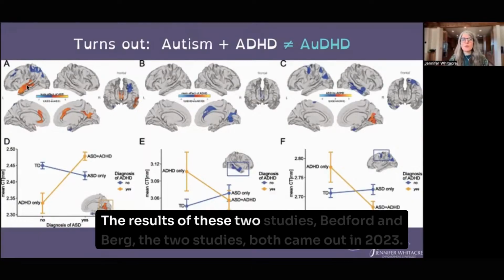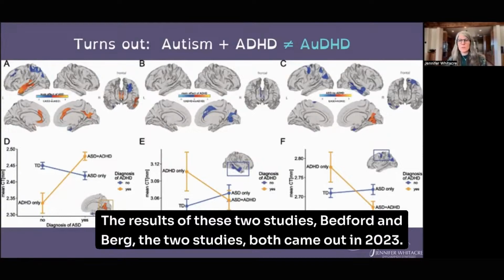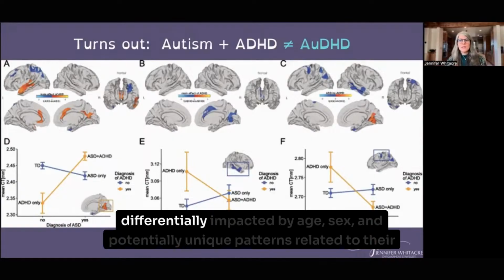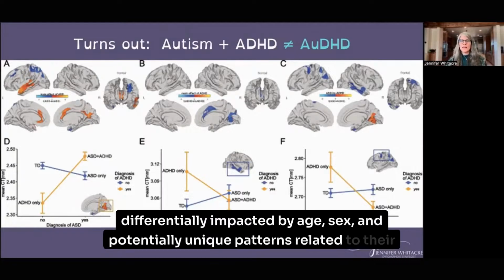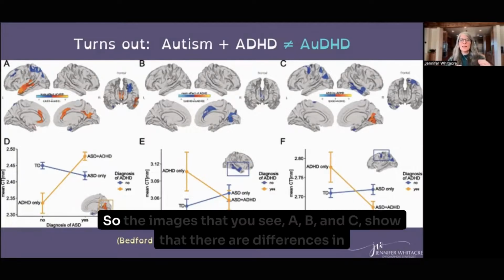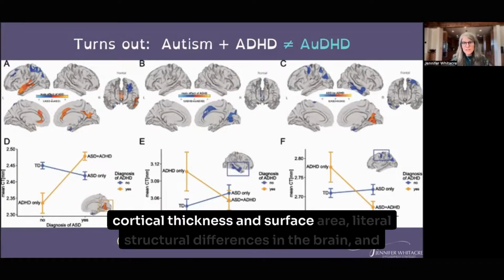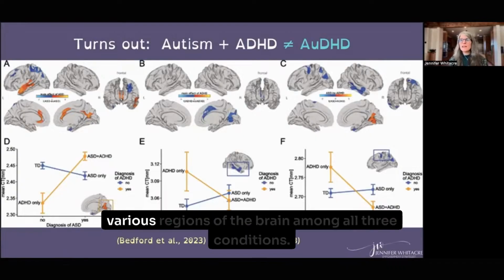The results of these two studies, Bedford and Berg, both came out in 2023, and they were looking at distinct cortical differences in autism and ADHD that are differentially impacted by age, sex, and potentially unique patterns related to their co-occurrence. So the images that you see, A, B, and C, show that there are differences in cortical thickness and surface area, literal structural differences in various regions of the brain among all three conditions.